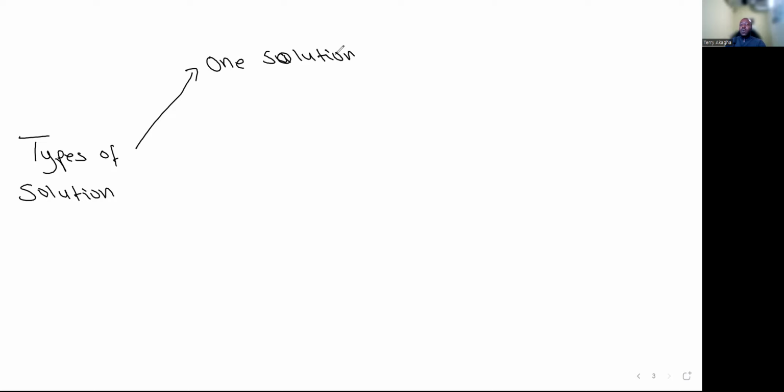For one solution, it means that the line intersects at one point. To put it correctly, the line touches the curve at one point.